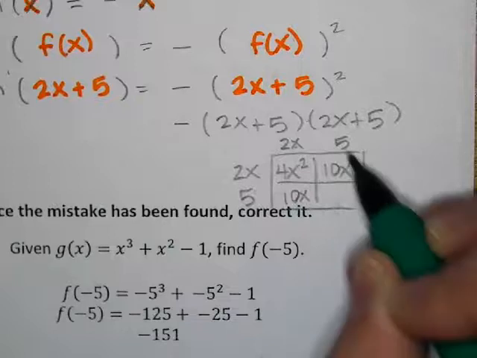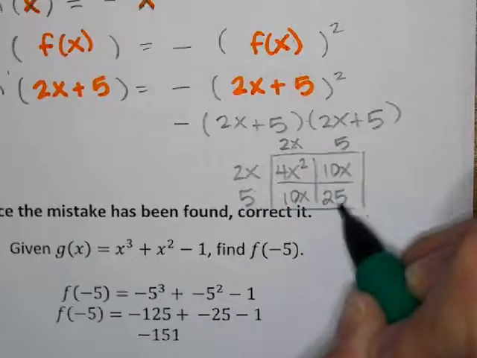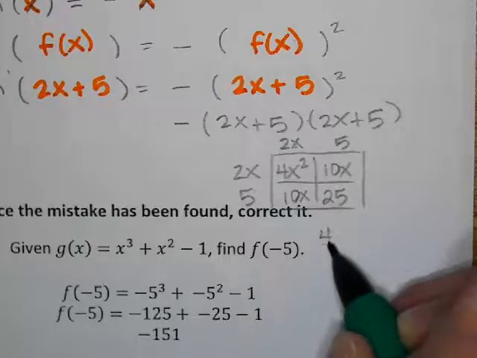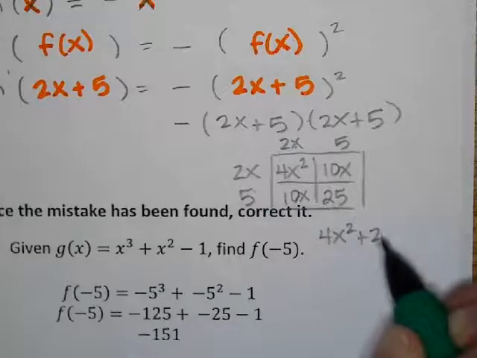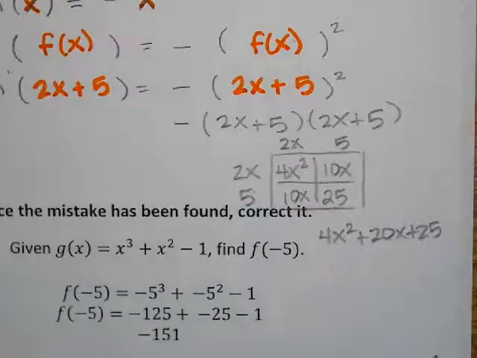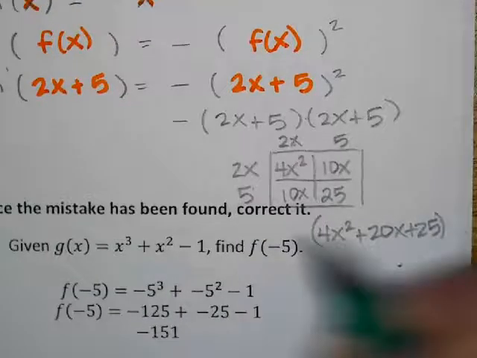Okay. 4x squared plus 20x plus 25. Now we need one more thing. What else? What are we missing? The negative in the front. Negative in the front. Negative 4x squared minus 20x minus 25.